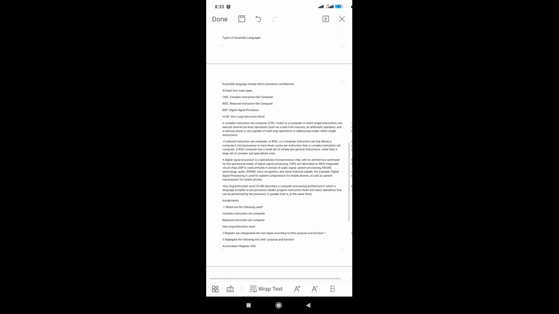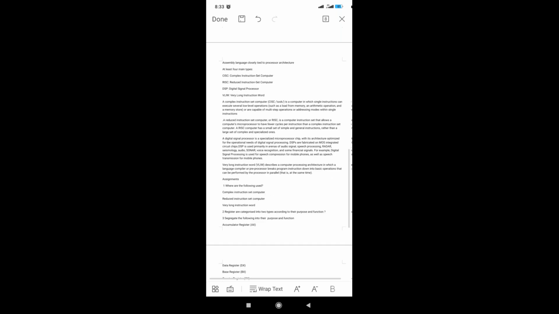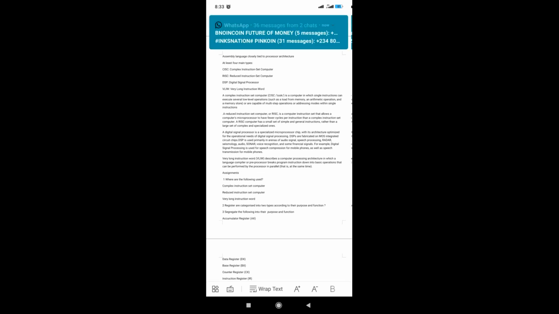Then the very last one is your very long instruction word. Your very long instruction word describes a computer processing architecture in which language compilers or preprocessors break program instructions into basic operations that can be performed by a processor in a parallel state.